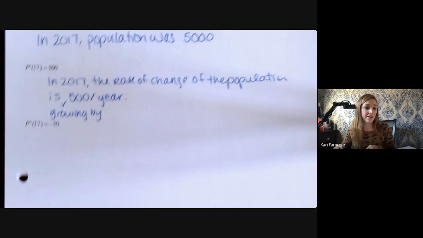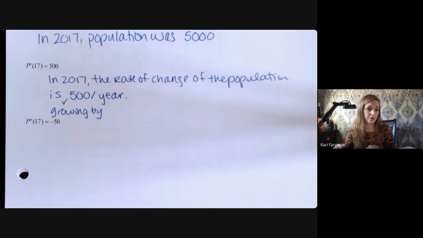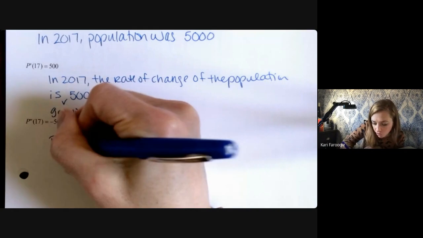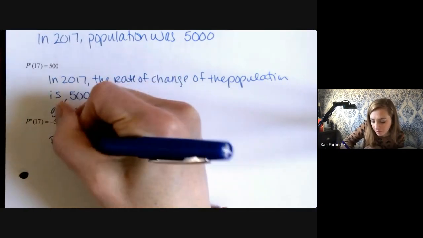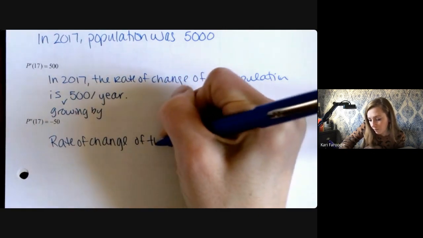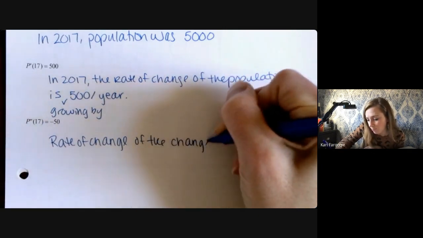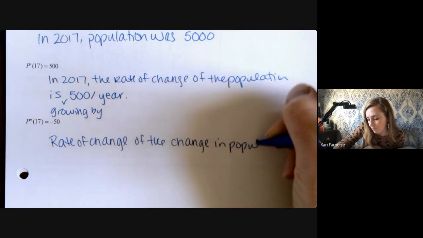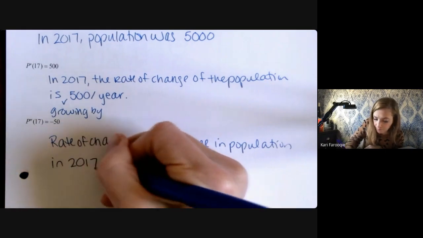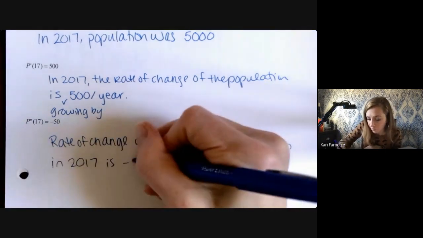The last thing we're being asked to interpret here is the second derivative. So this is the rate of change of the rate of change. So this means that the growth rate is decreasing. So the rate of change of the change in population in 2017 is -50.